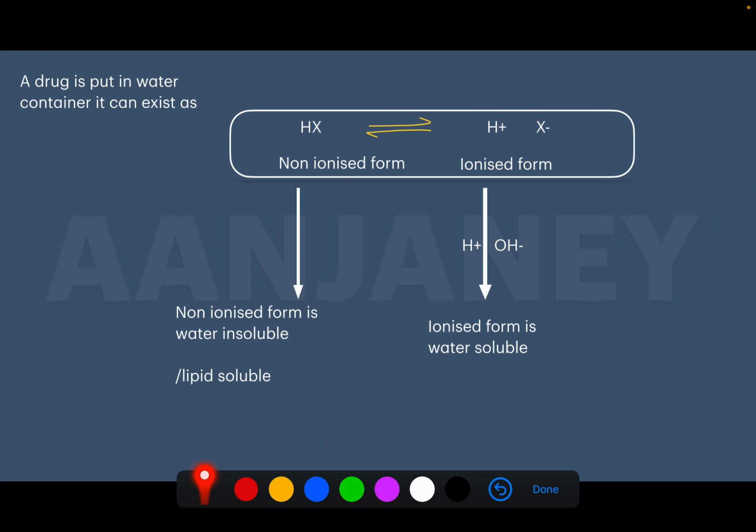Non-ionized form. So now it is water insoluble, or rather we can say it is lipid soluble. If it's not water soluble, it is lipid soluble. So from here we know that if we want to make a drug water soluble, the drug should exist as ions inside the water, right?